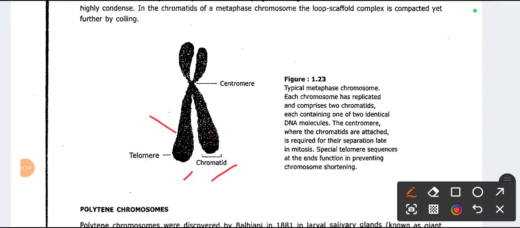This is the centromeric region, which attaches the two chromatids and is required for their separation in late mitosis. And there is a telomeric sequence at the end, which prevents chromosome shortening.